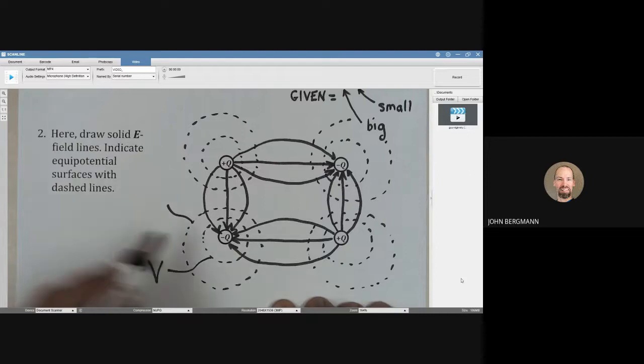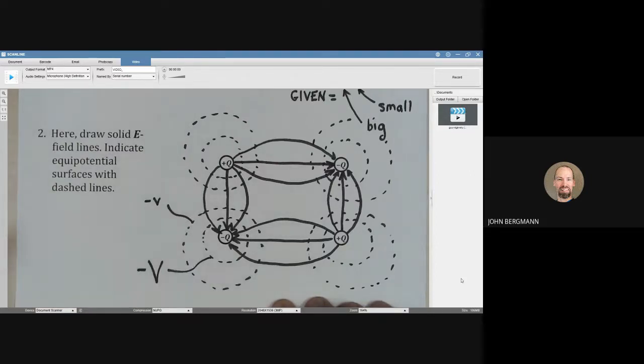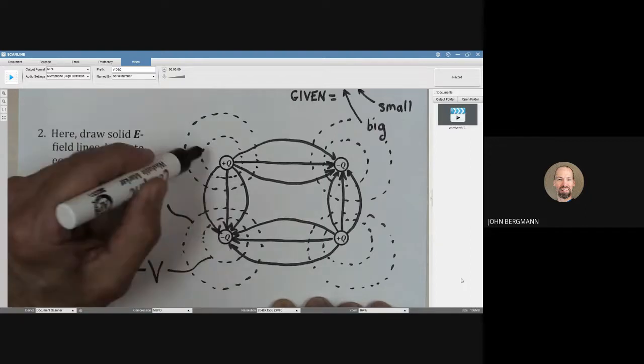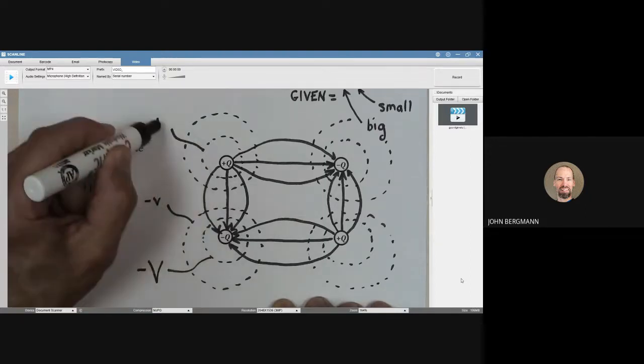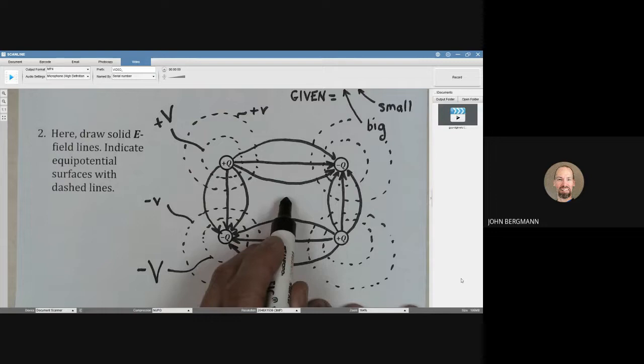This one will also be negative, but it will be smaller. If we do two similar things up here, this equipotential will have a large value of V. I'll make that V kind of big. But this one out here will also be positive, but it's going to be less. In fact, I hope you can see that right there in the center, the potential will be exactly zero due to symmetry constraints.